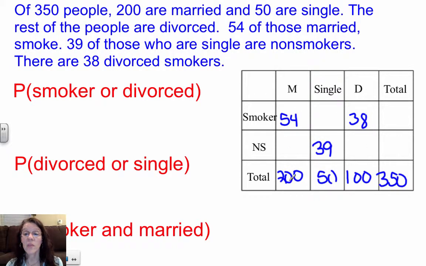So then we can figure these out. 50 minus 39, that should be 11. 100 minus 38 would be 62. And 200 minus 54 would be 146. Then we can add across to find these two totals. 54 plus 11 is 65. 65 plus 38 is 103.